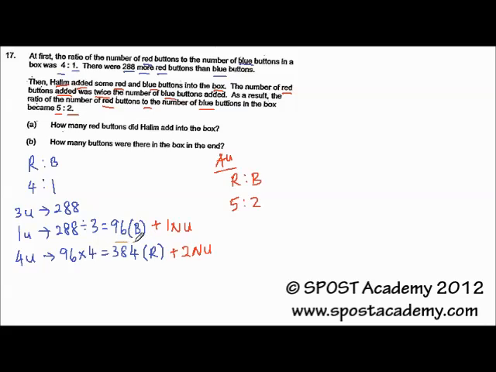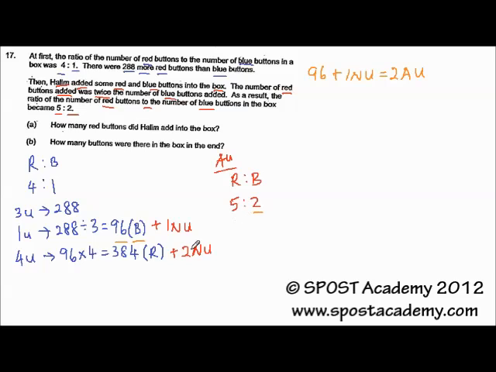That is to say, 96, which is belonging to the blue, so 96 plus 1 new unit would give us 2 after units for the blue. Because blue has got 96 at first, and then we add 1 new unit, which we do not know how much it is, and it ends up with a ratio of 2. And we treat this ratio as the after units, which is 2 after units.